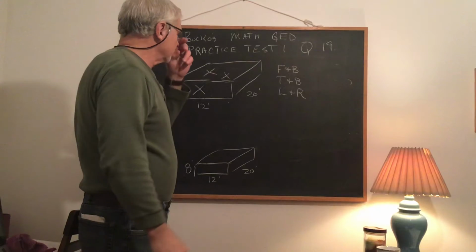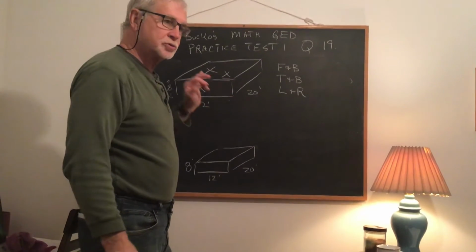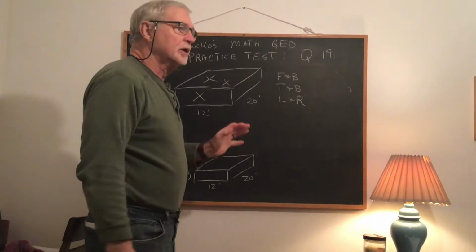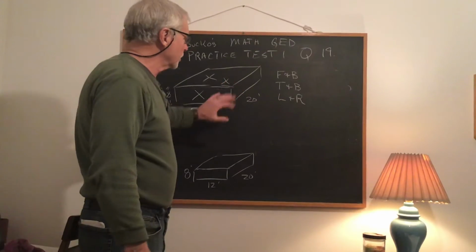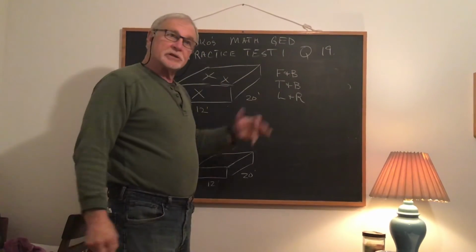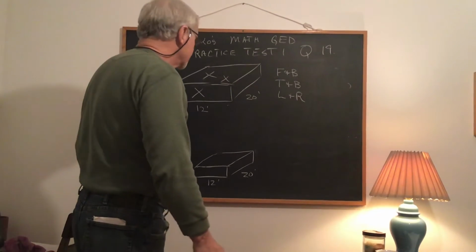But remember, front and back, we're only going to do one of them. We normally would do two. If we were painting the whole thing, you know, if there was no door, floor, or ceiling involved, we would just add all these together. But since we got to subtract a few, we have to kind of customize this fit.